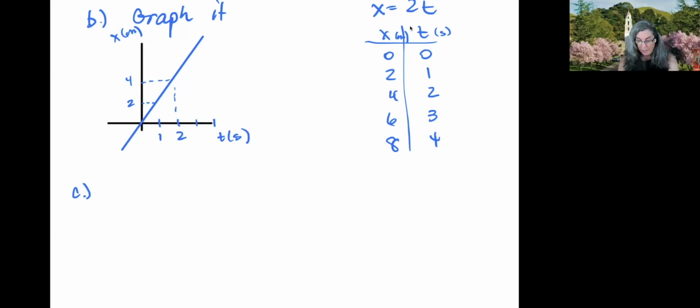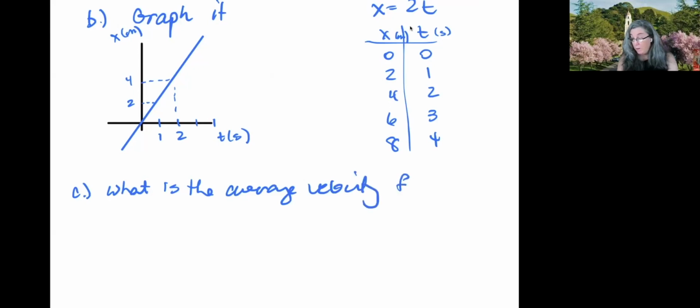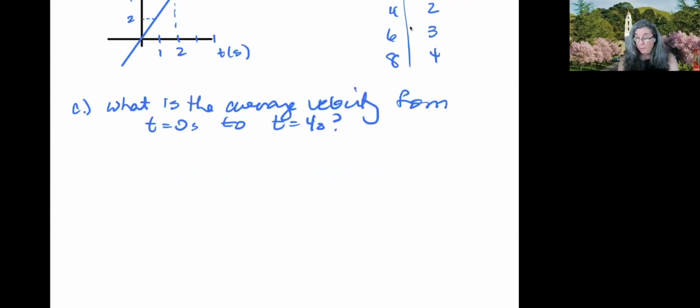I'm just going to do some numerical examples. So the first question, what's the average velocity from t equals 0 seconds to t equals 4 seconds?